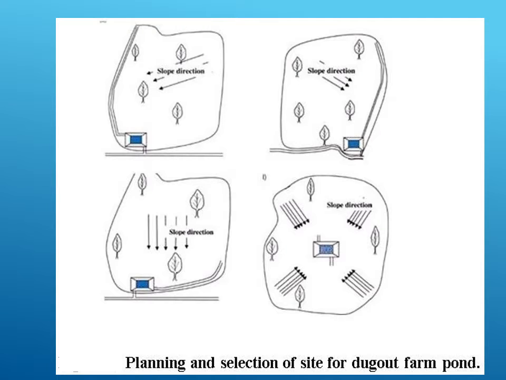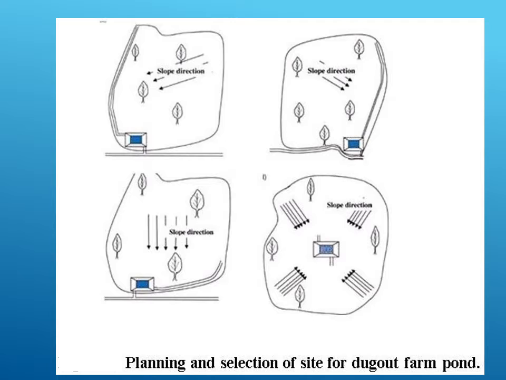Here in this figure, you can see the planning and selection of site for the dugout pond. How we should select the site for constructing the dugout pond. Here you can see the slope direction and location of the pond. The pond should be constructed at the site where the water from the whole catchment can come towards the pond.